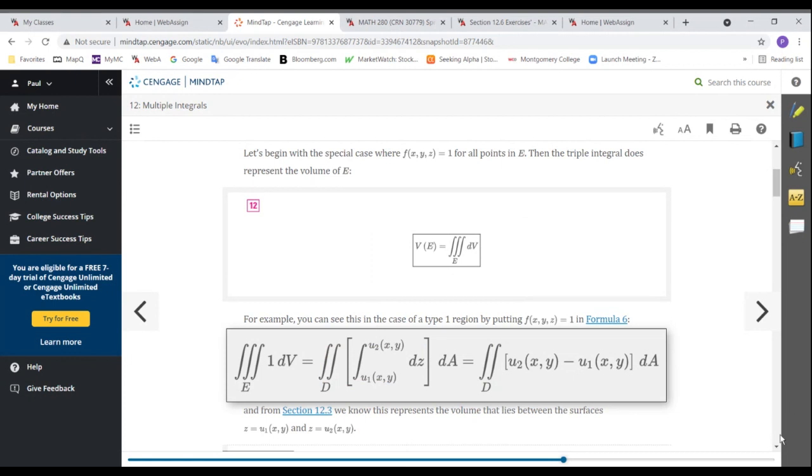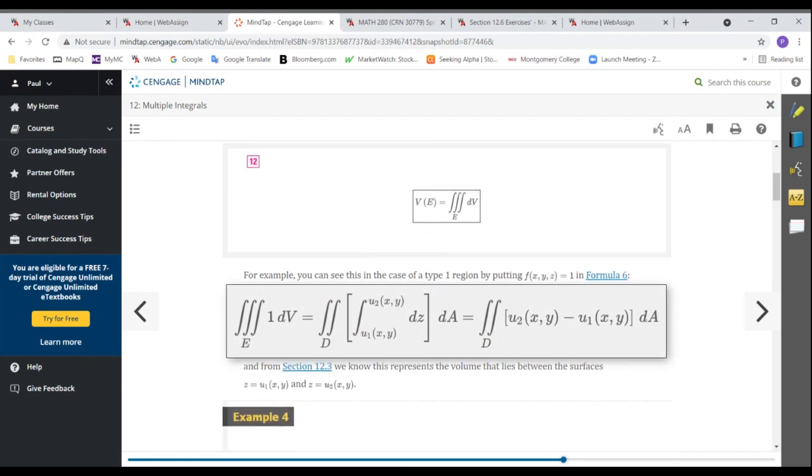What's the antiderivative of 1 with respect to dz, the number 1? Z, right, good, Christopher. And so when you plug in U2 and U1, you'll get the difference of the top and bottom surfaces.